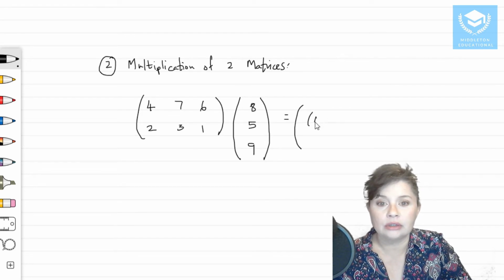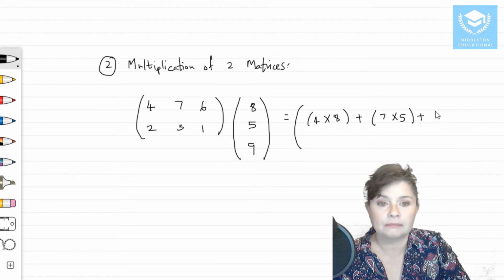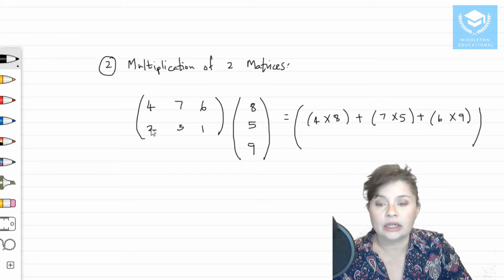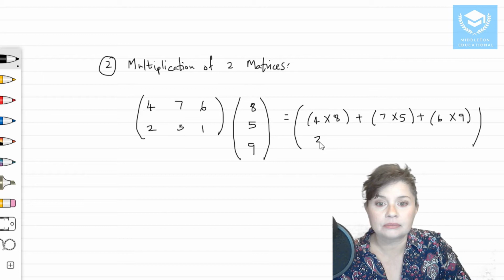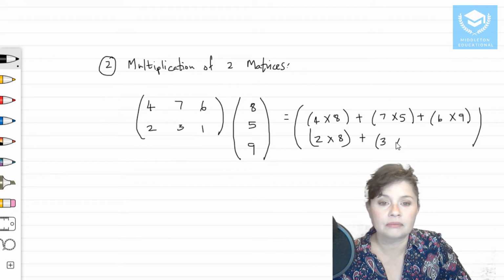It's going to be 4 times 8 plus 7 times 5 plus 6 times 9. That will be the first element of your final matrix. Then we go 2 times 8 plus 3 times 5 plus 1 times 9.